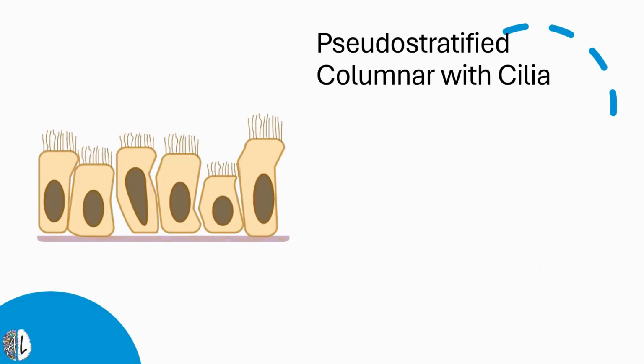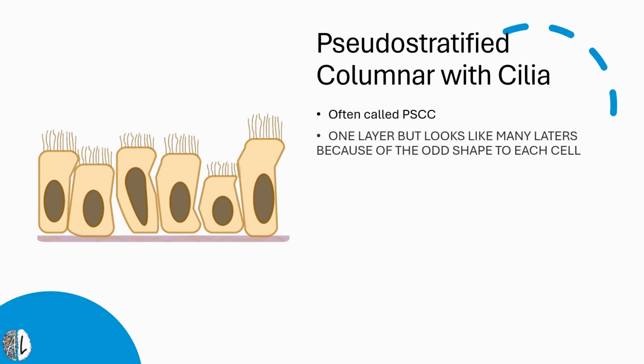All right, then we have our pseudostratified columnar with cilia. Okay, so pseudostratified, if you remember, comes with one layer, but it looks like many, many layers because of those odd little shapes. They are, however, these very tall cells.